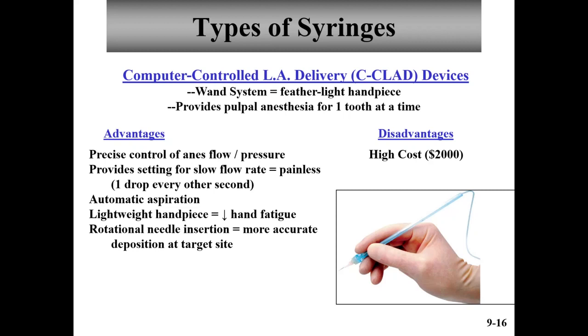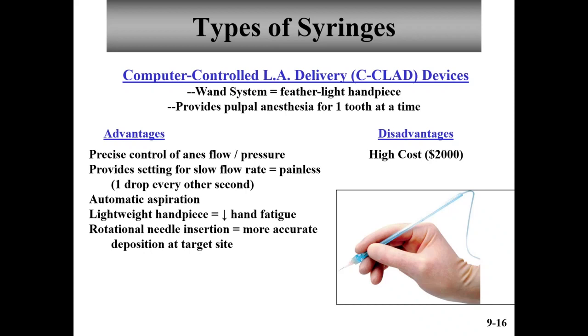You'll learn with time, using an aspirating syringe, how to slowly inject a patient. But it takes time to develop that. And this CCLAD delivers one drop every other second, which that flow rate is pretty much painless. Because it's so small and it's so lightweight, you don't get hand fatigue.